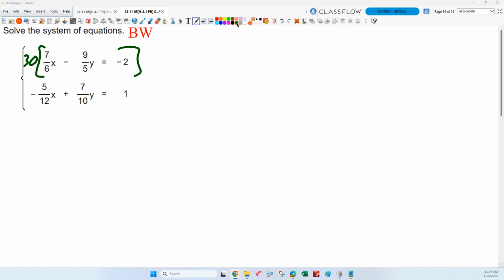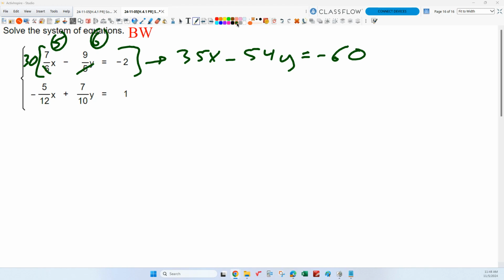the top equation, which is just going to give us 30 over 6 is 5 times 7 is 35x. 30 over 5 is 6 times negative 9 is minus 54y. And then 30 times negative 2 is negative 60. Good. Okay, we distribute 60 through the bottom, right?